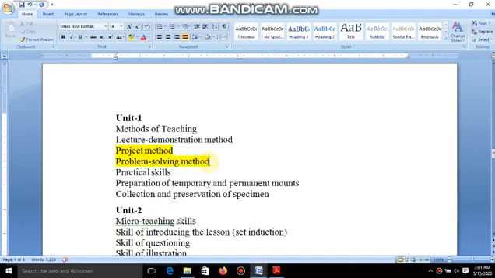In learner centric, this project method and problem solving method come in, and the lecture and demonstration methods come in the teacher centric pedagogy. So therefore, we have started with the project method, and let us move to problem solving method.